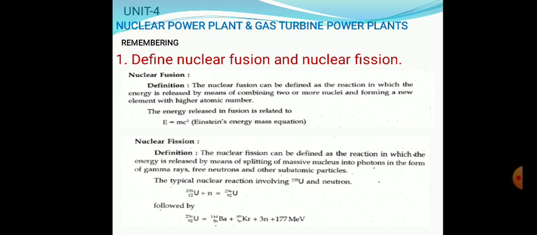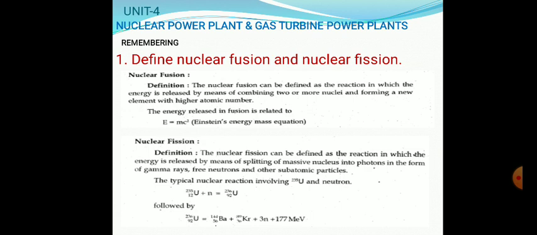Nuclear fission definition: nuclear fission can be defined as the reaction in which the energy is released by means of splitting of a massive nucleus into photons in the form of gamma rays, free neutrons, and other subatomic particles.